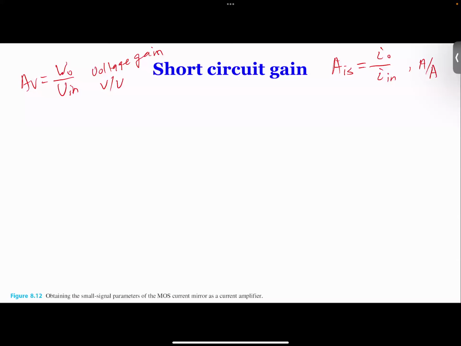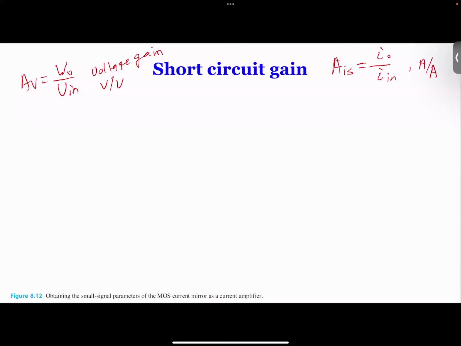If the input is voltage and the output is current, so current over voltage, you get transconductance, with the unit of ampere per volt, like a Siemens.